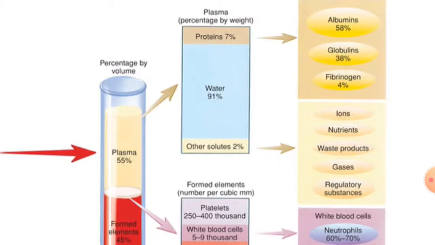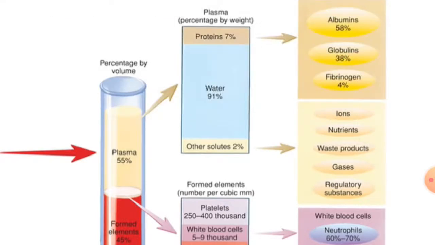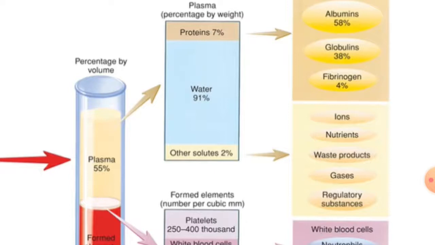Also, it contains proteins, and the plasma proteins include albumin, which plays an important role in maintaining the osmotic pressure, and we have the globulins. We have alpha, beta, and gamma globulin. The alpha and beta play an important role in transporting different substances, and the gamma globulins are the antibodies which play an important role in attacking the foreign antigen which enters the body.